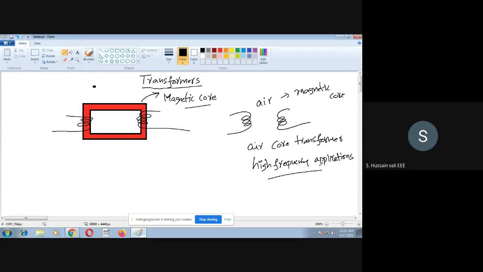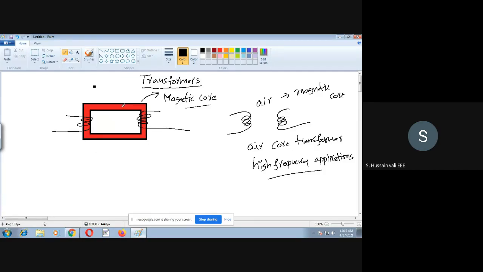So generally in the high frequency applications we will use air core transformers. Air core transformer, in the sense the core here is air, so there won't be any magnetic core present.